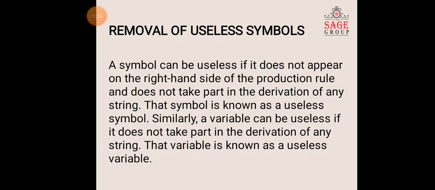A symbol can be useless if it does not appear on the right hand side of the production rule, and I'm repeating again, if it does not take part in the derivation of any string. That is, if you find any symbol in your grammar which is not taking part in the derivation of any string, then that particular symbol is termed a useless symbol.